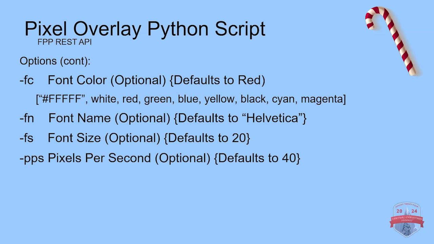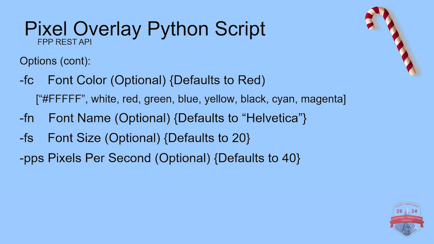And a lot of these have defaults so that you don't have to specify all of it. The font color, you can actually do a hex string and specify any of the possibilities you can come up with as a hex code. FF would be white, and so on and so forth. But you can put in other hex codes and get orange and the other colors. But you can also just specify white, red, green, blue, yellow, black, cyan, or magenta.